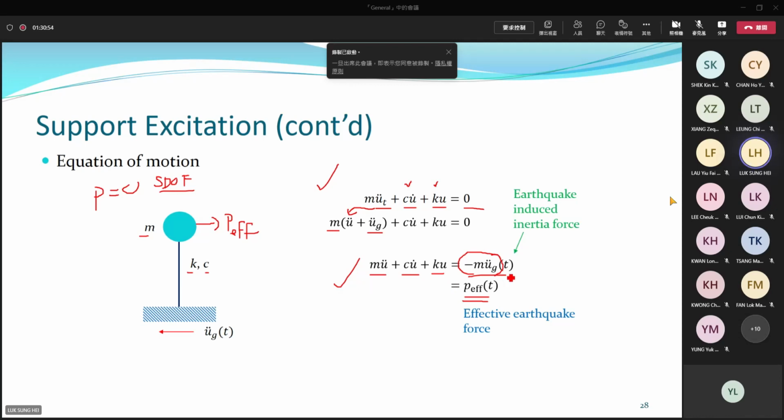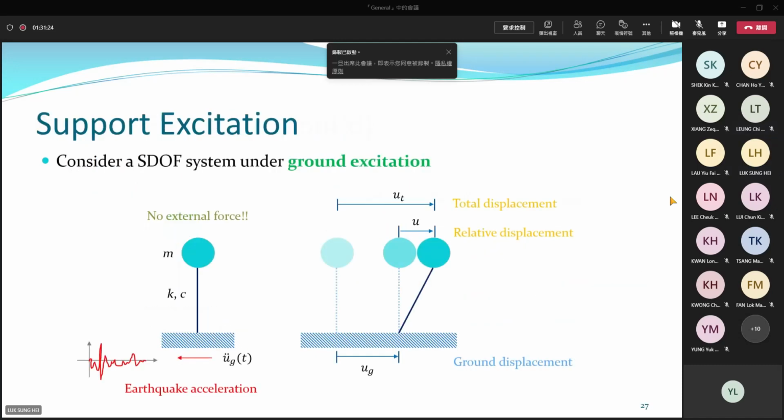The force induced by the earthquake is mathematically equal to minus mass times the ground acceleration history. So if you want to find the response of a single degree of freedom system under earthquake, it is equivalent to solving this equation to find u(t). But the answer is not easy, because earthquake acceleration is not a regular function.